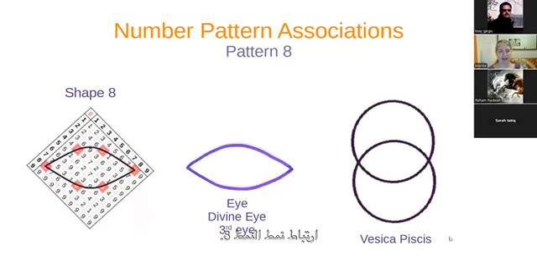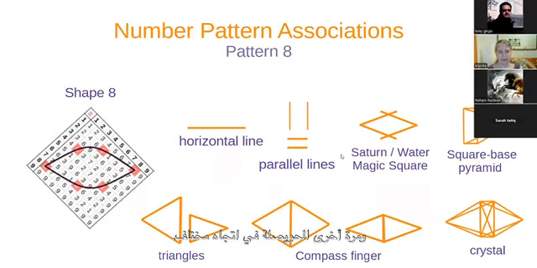The number pattern association of pattern 8 is the shape of an eye, the divine eye, third eye, again the vesica piscis in a different orientation. Number 8 shows other shapes when connected by lines.